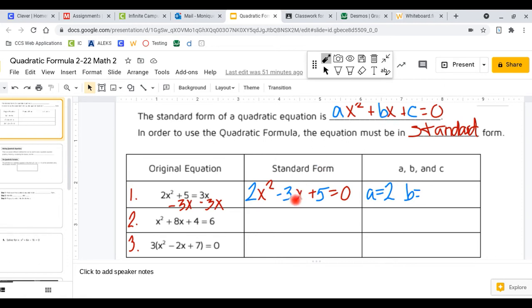The coefficient of x is negative 3. Always take that sign in front. So B equals negative 3. And C is your constant. It doesn't have a variable, it stands alone, and that is a positive 5. So C equals 5. All we are working on is identifying A, B, and C. Any questions about that?